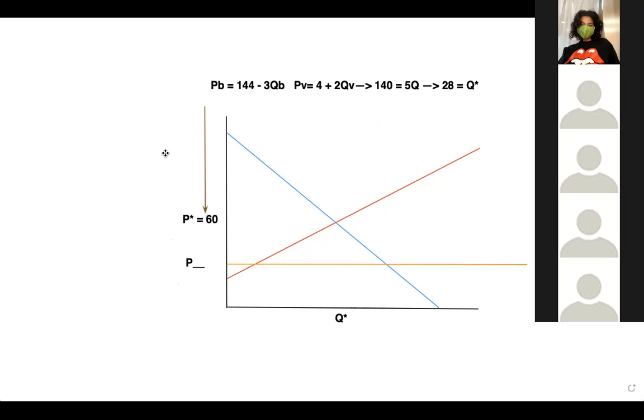What's a real world example of a price floor, Stephen? Minimum wage. Yeah, and this is actually perfect for our example, because it turned out to be 15. Well, if the market equilibrium wage, who makes $60 an hour? First responders.